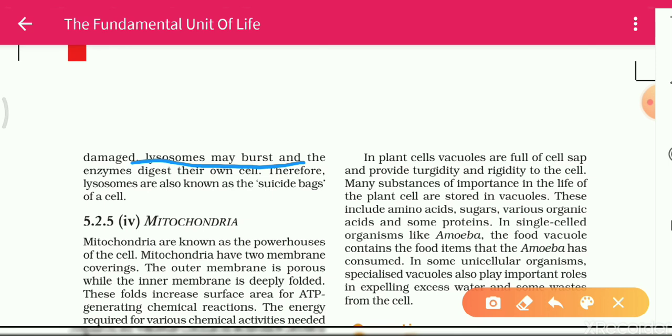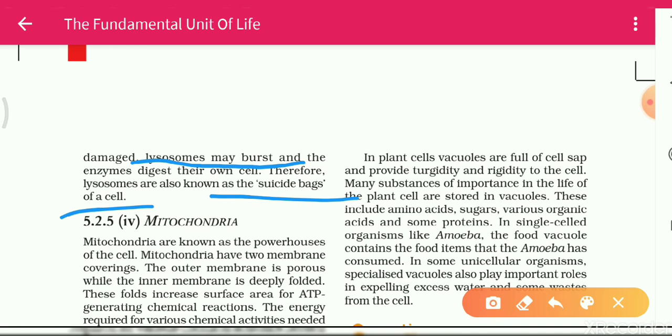Therefore, lysosomes are also known as the suicidal bag of the cell. Students, you can see many names are given here. Lysosome is called the scavenger also. It is also called the waste disposal system of the cells. It is also called the suicidal bag.